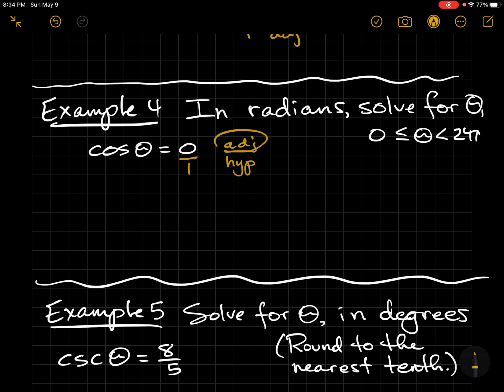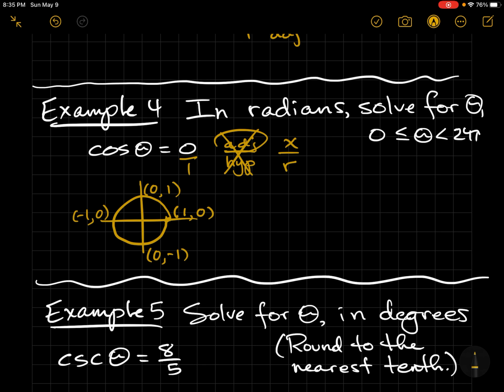What I'm thinking about now, I always like my ratios to be over 1, by the way, is that this must be on one of the axes. So what are the coordinates of each of these points? Well, that's 1, 0. That's 0, 1. If I go back 1 or if I go down 1.